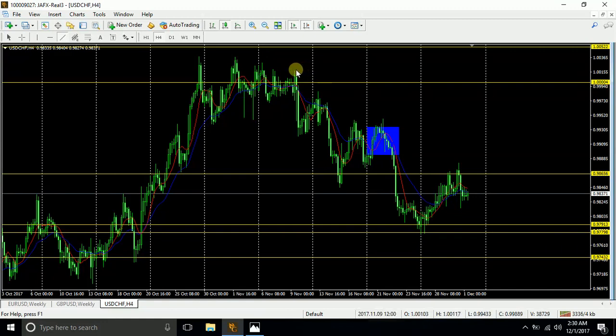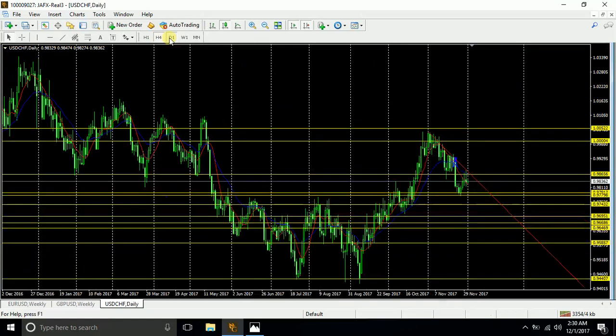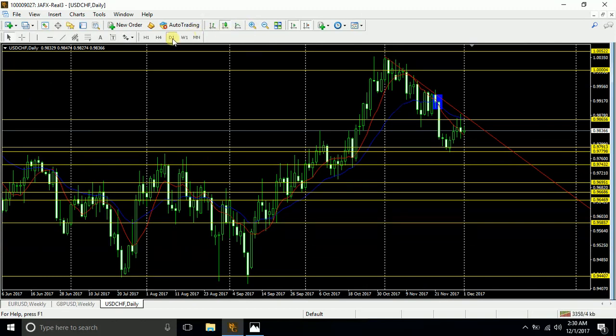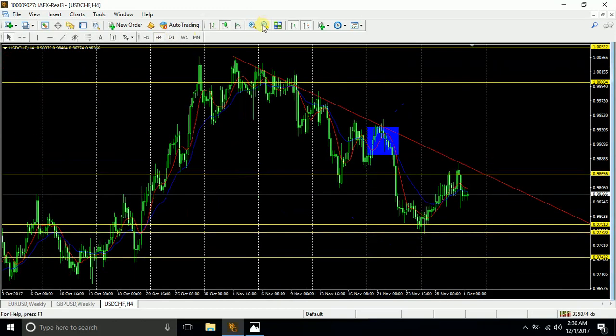See if we can get some touches in here. Which we can. On the 4 hour, here we go with our touches. Trend line.